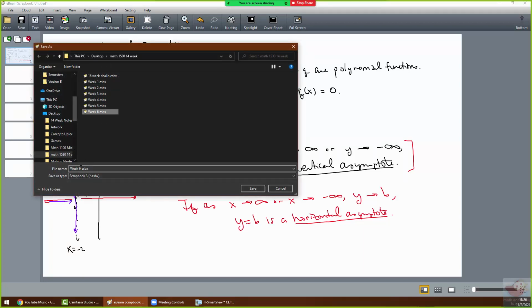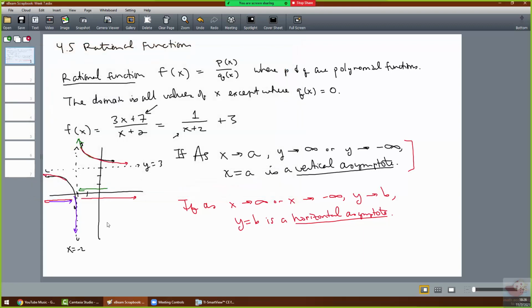This is where horizontal and vertical asymptotes come from, because there are other types. One variable approaches a number and the other variable approaches infinity or negative infinity.